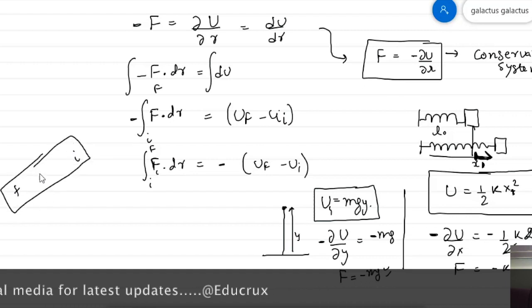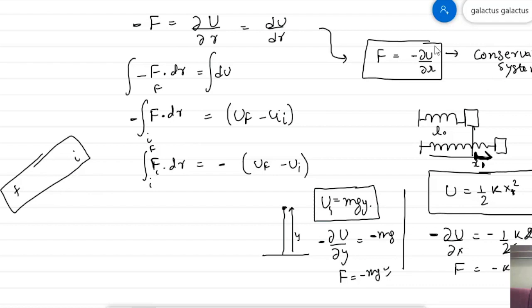Okay, so if the work done depends on the final and initial point, but not on the path taken, then my system has a conservative force in it. Then I can write my force as the derivative of the potential. And also in case of a conservative system, my initial and final mechanical energy are the same. So this completes our discussion on conservative systems and potential energy.